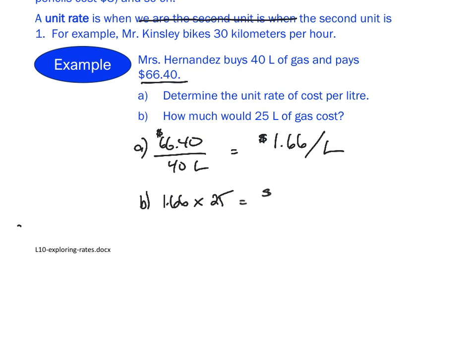So $41.50. Remember, when we're talking about money, we need to have not one decimal place, but 2 decimal places. So if you get 41.5, you need to put a 0 after the 5, because if you go to the store and buy a shirt, they're not going to tell you the shirt costs $22.5. They're going to say it's $22.50.